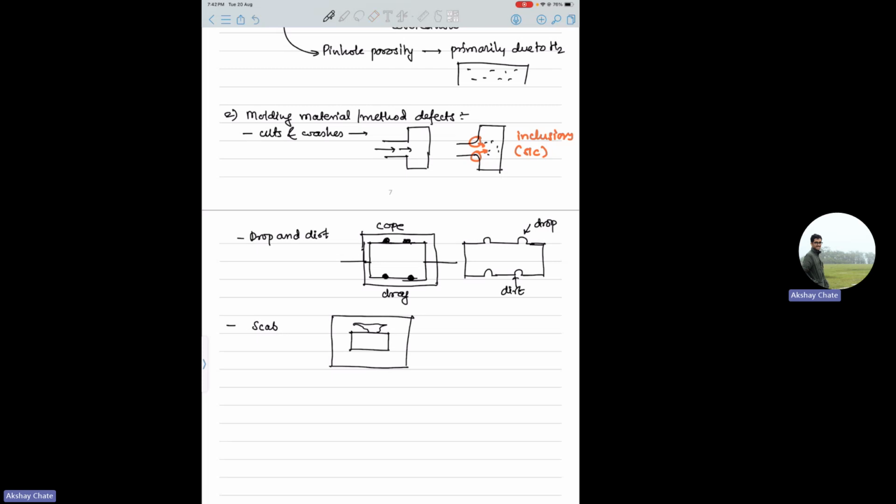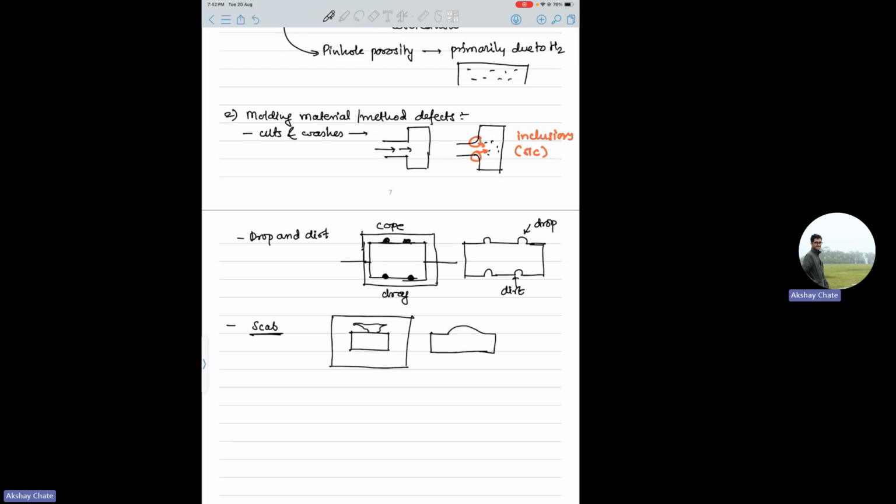Instead of getting a square or rectangular shape, you get something like this. So your liquid metal pushes into your mold, and you get something like a scab.